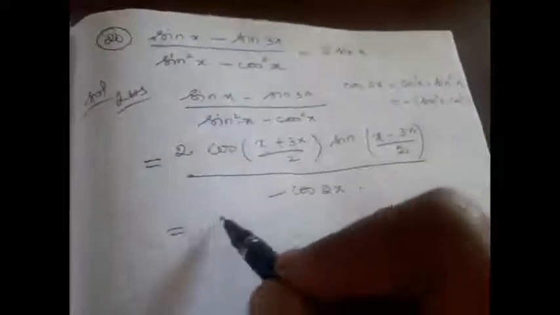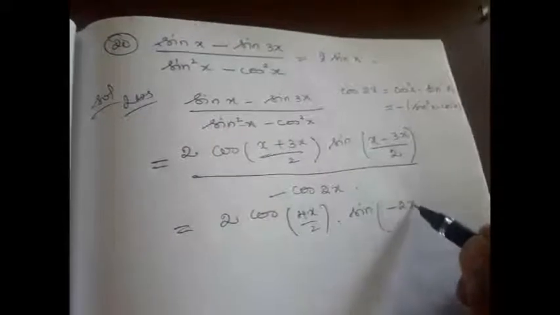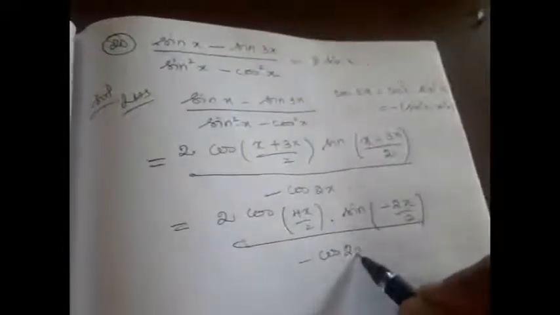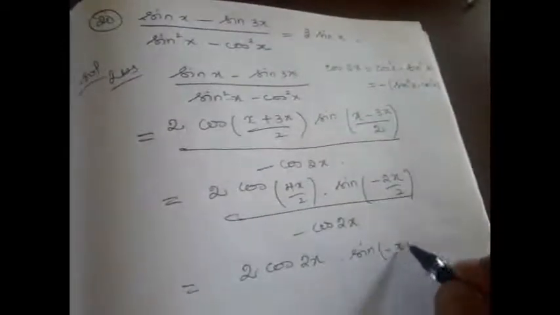which is equal to 2 cos 4x/2 into sin (−2x)/2. Be careful with the signs. Divided by minus cos 2x, which is equal to 2 cos 2x, 2 I can cancel it, minus sin of minus x, divided by minus cos 2x.